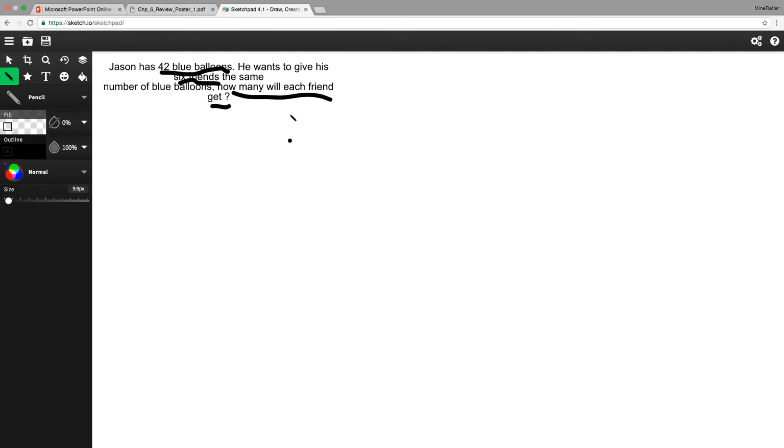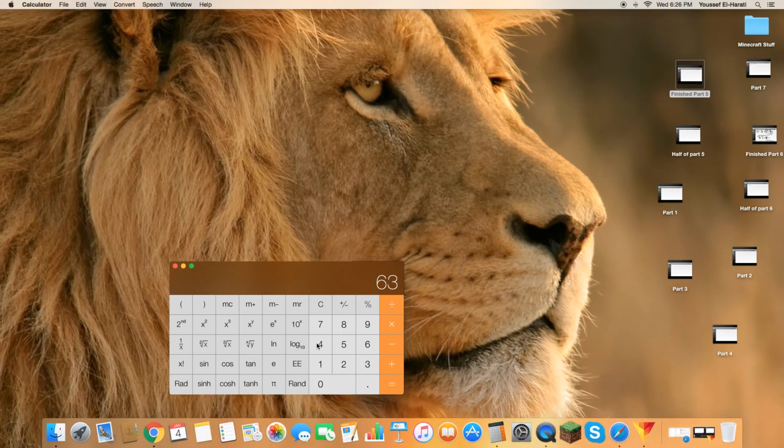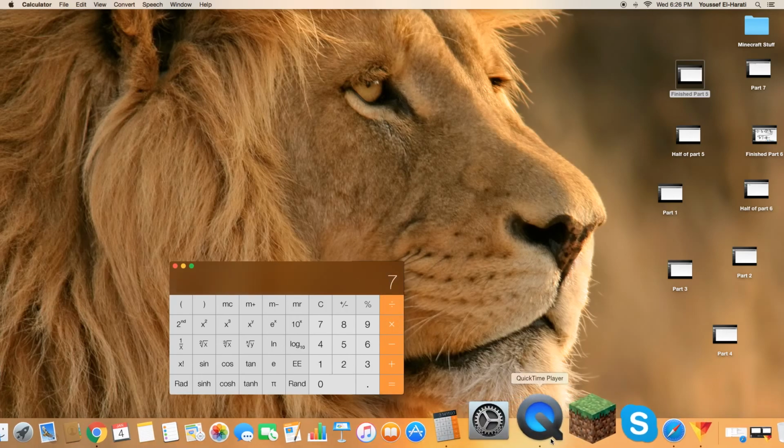By reading this, you have 6 friends and 42 balloons, so you know right away it's going to be a division question. So you go 42 divided by 6, because there are 6 friends and 42 balloons. 42 divided by 6 equals 7.